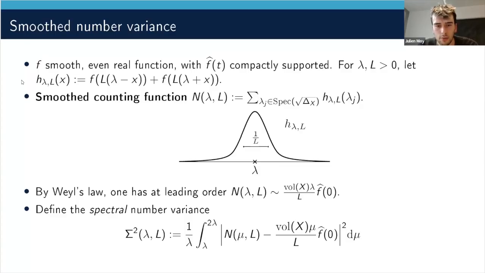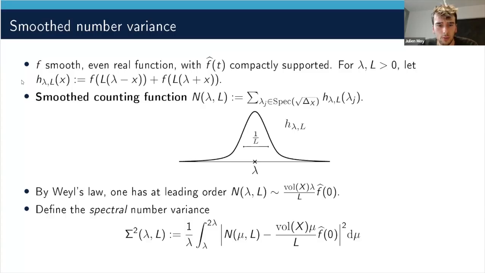Of course, the choice of lambda and 2 lambda is arbitrary. I could take lambda and 7 lambda. It doesn't matter very much here. And typically, if the fluctuations around the Weyl term are small, we expect the number variance to be small too. Okay, so this is what we will study in the following.